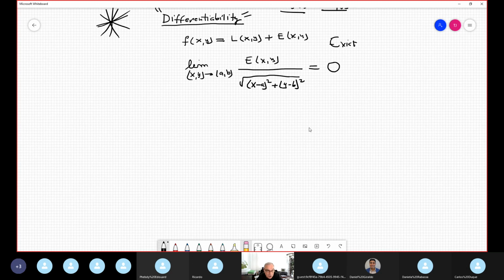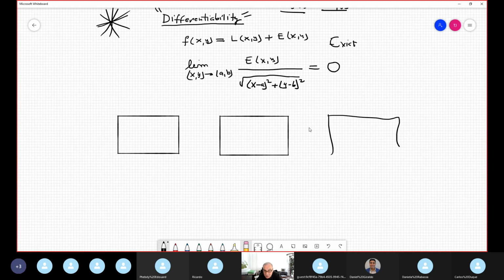So I try to put here one idea. Look, illustrate a little bit. I don't know if it's good or not. The idea for differentiable, continuous, and partial derivative.